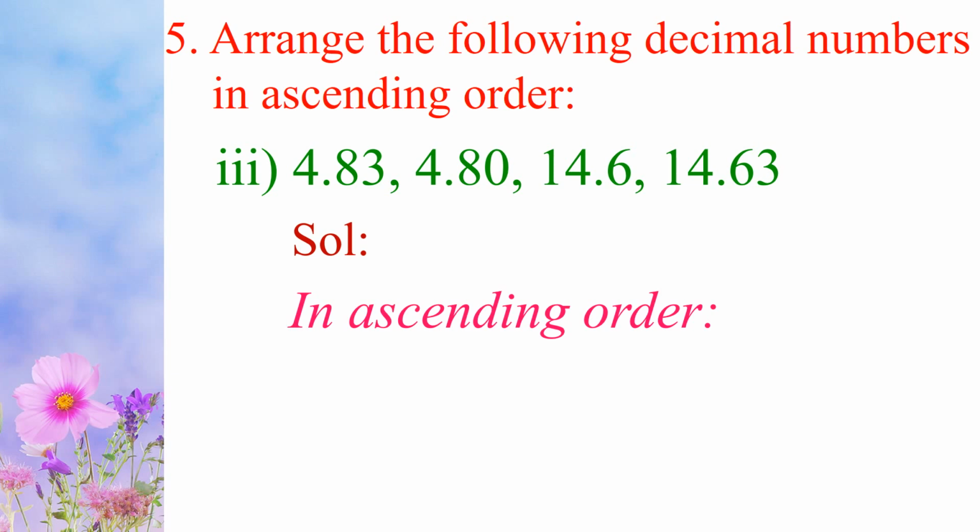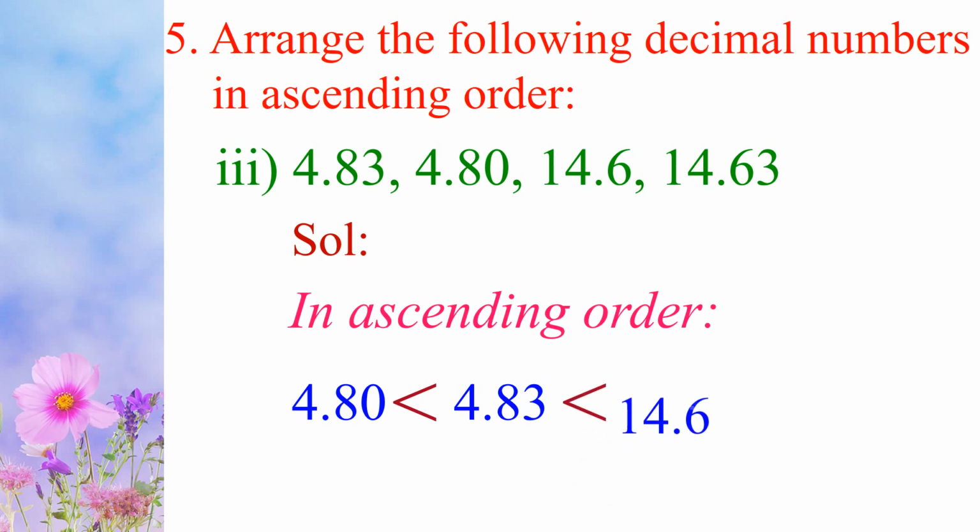By comparing the decimal part, we get 4.80 is less than 4.83. The whole number parts 14 and 14 are the same, so comparing the decimal part, 14.6 is the next decimal number. Next, the largest decimal is 14.63.